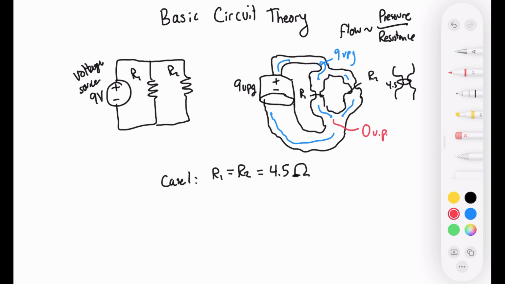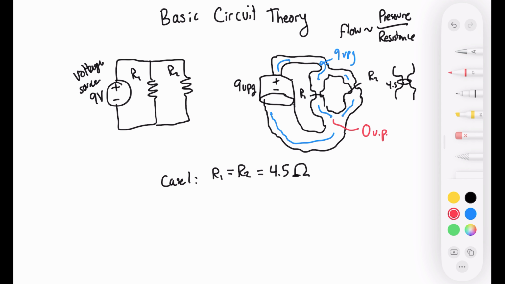So what's happening is all of the units of pressure are being dissipated among R1 and R2, except now we've routed them in parallel rather than in series. And in our voltage source, we see the same exact thing. The thing I want you to appreciate is that now we actually have two paths that the water can take.